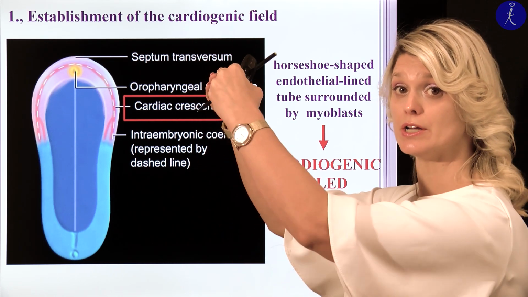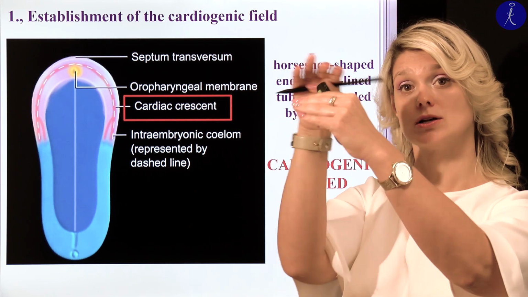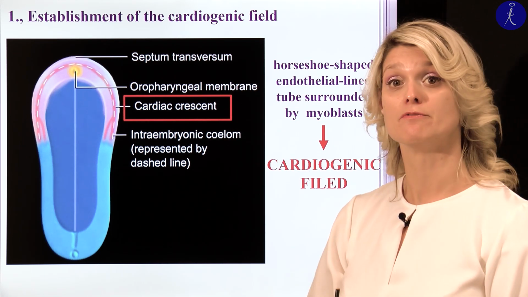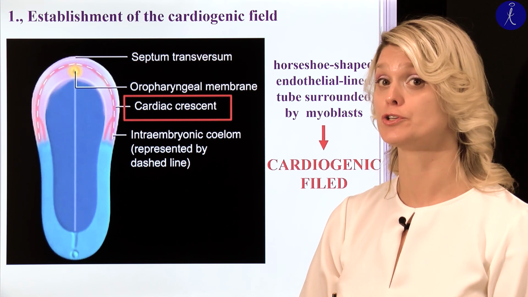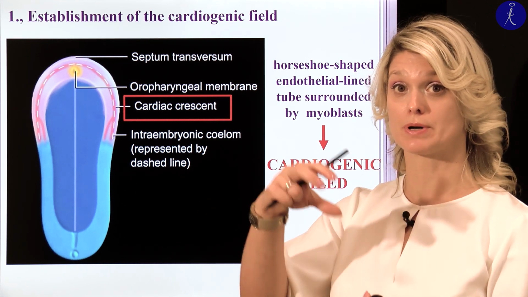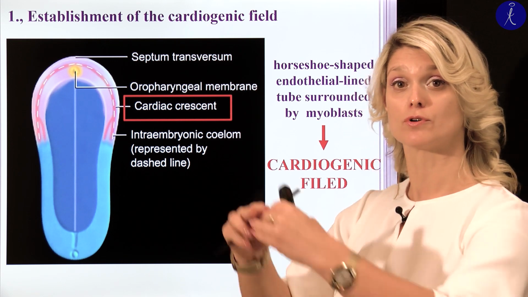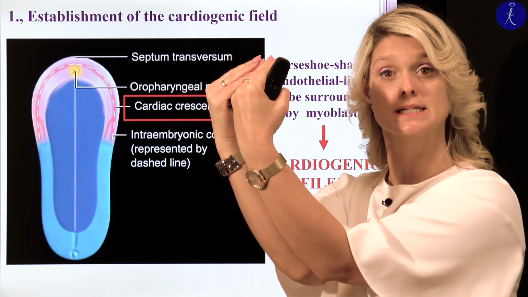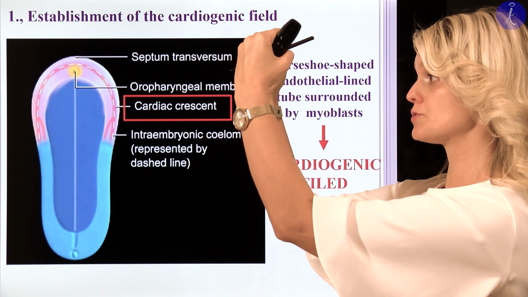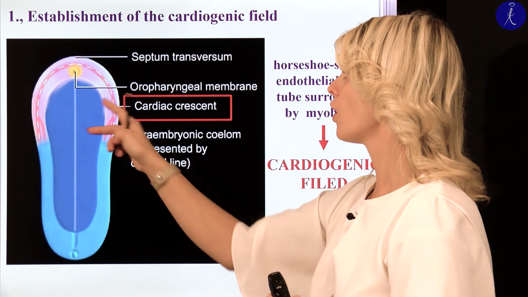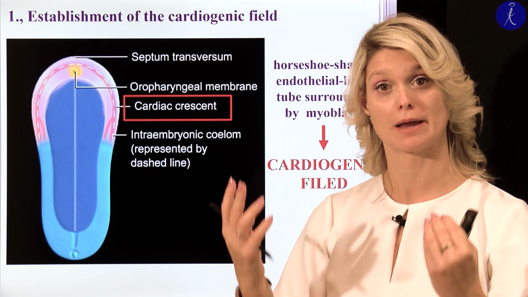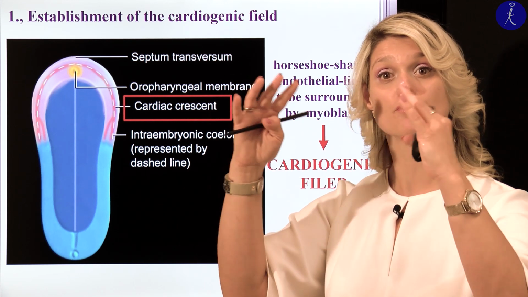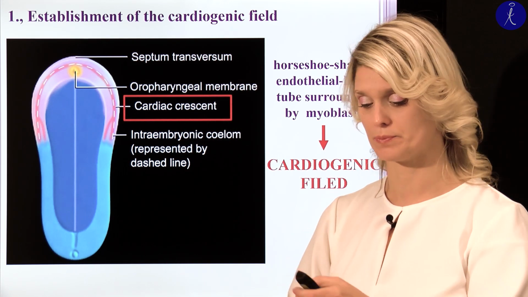Here you can see that this structure has a horseshoe shape, and from this we have to form a Q-shaped organ, which is the primitive heart tube. Of course, for this we need a three-dimensional movement to fuse the two lateral sides of this horseshoe-shaped structure. This will happen during the folding of the embryo.